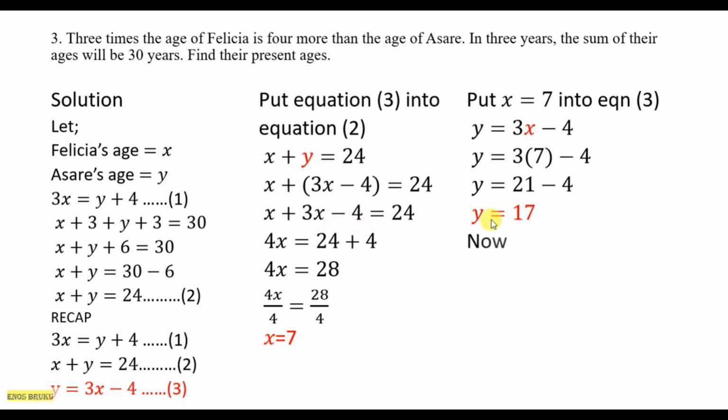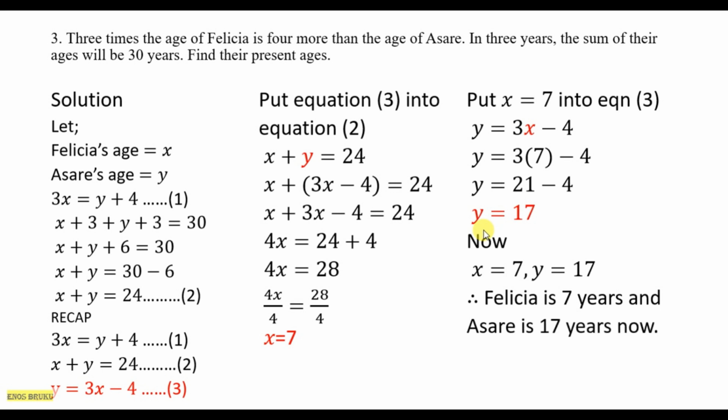So now we can conclude that Felicia is 7 years and Asari is 17 years now, and that is correct, because if you multiply 7 by 3, you get 21, and that is 4 more than 17.